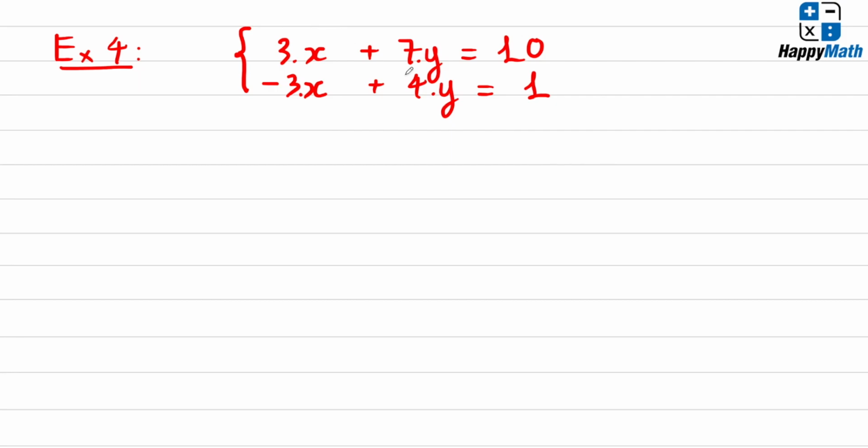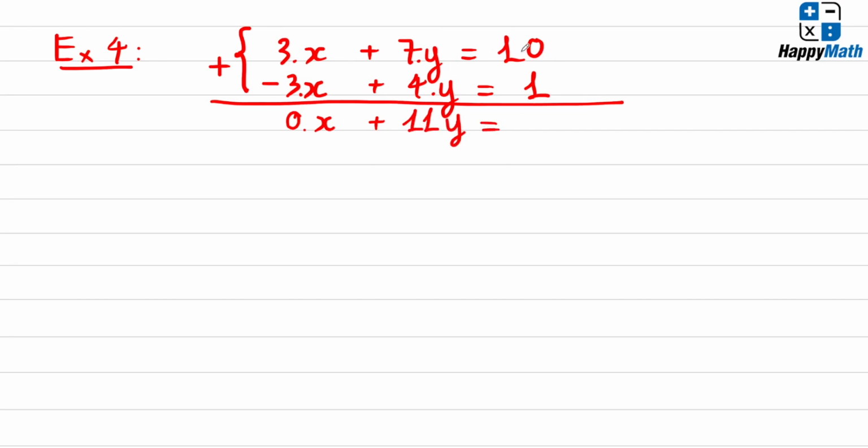So in example 3, you can see here the coefficient of x is 3 and negative 3. They are opposite. So that's why I will use addition of the two equations. Draw a line like this. 3x plus negative 3x, you got 0x. 7y plus 4y, you got 11y.